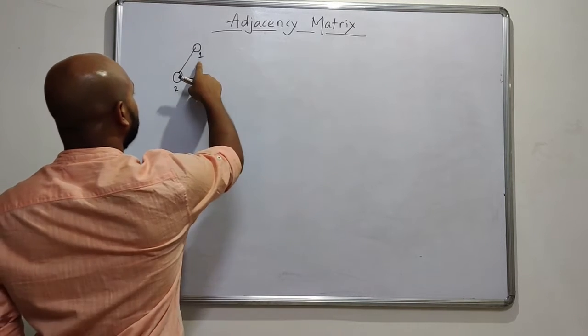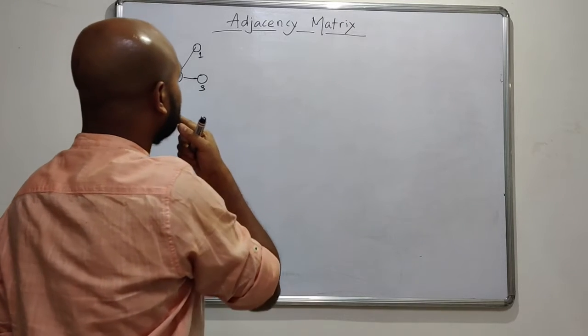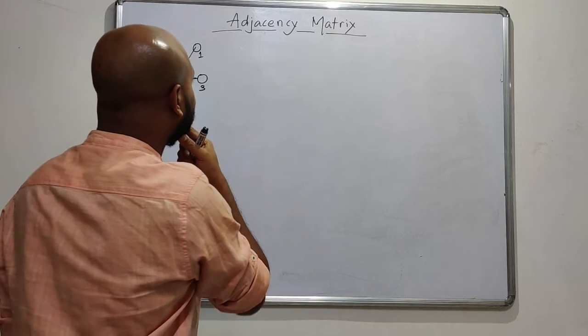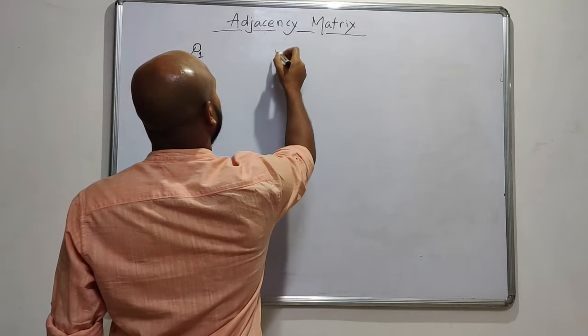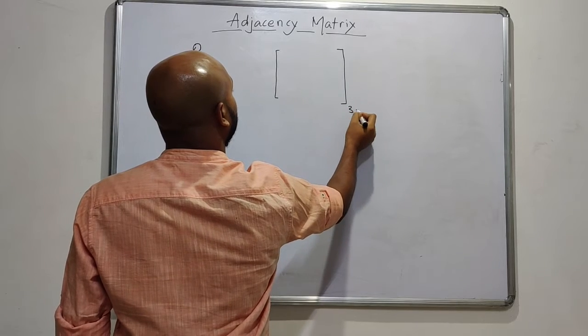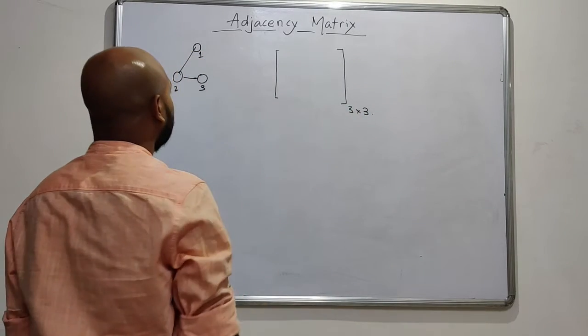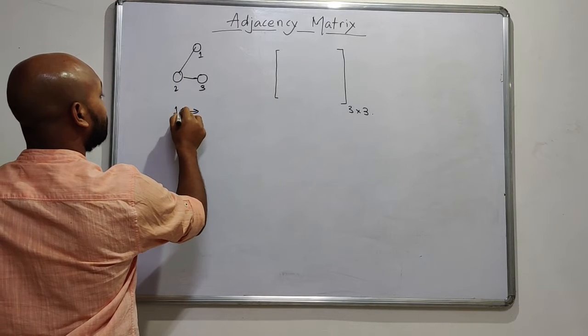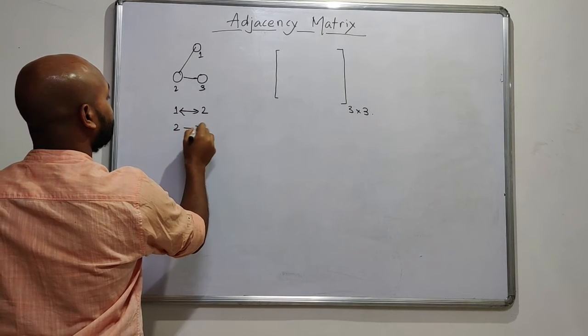So certainly there are 3 qubits, so I get a 3 cross 3 matrix basically. And I can see that here there is a link between 1 and 2 and there is a link between 2 and 3.